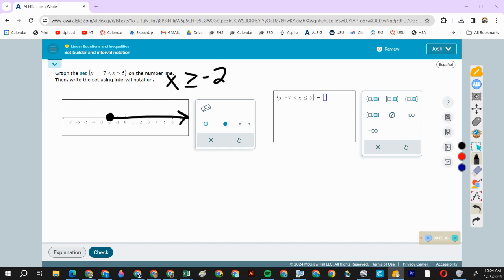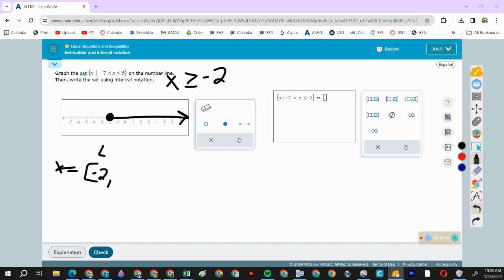Okay? So in interval notation, what is the low number? Negative 2. Does it get a parentheses or a bracket? Is it equal to? Yes. So it gets a bracket. We should probably put x equals.